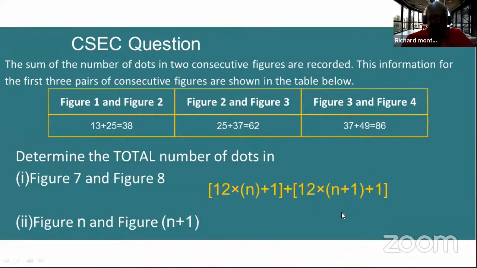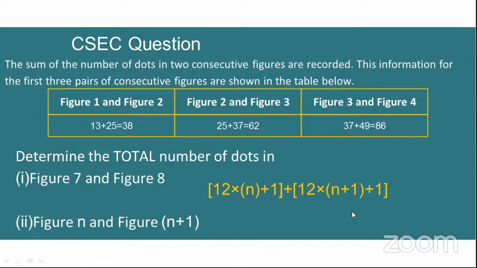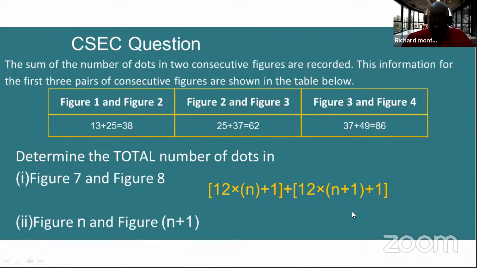We're doing it together. All right, so we recognize this is what we have. It's going to be 12 times n plus 1, plus 12 times n plus 1, plus 1. Bear that in mind.